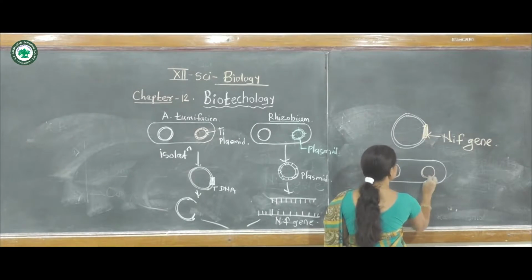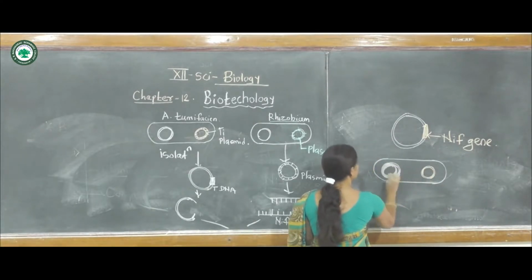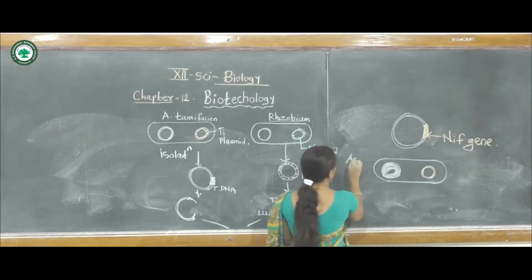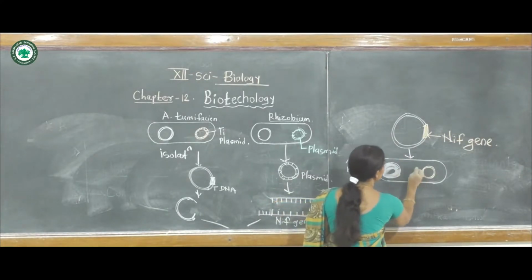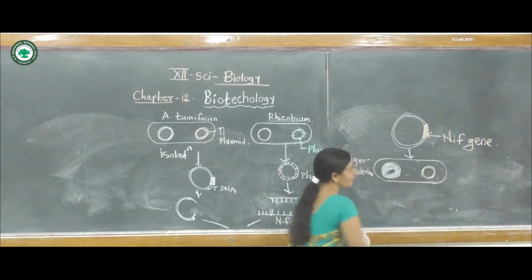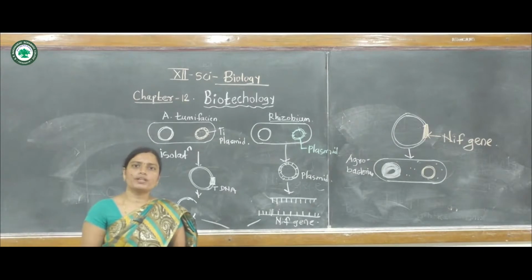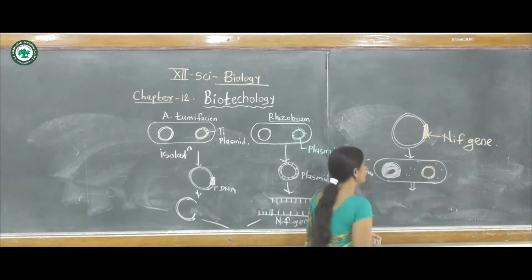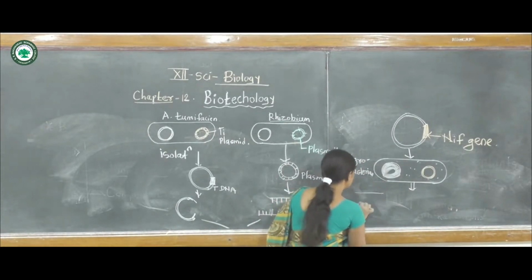Introduce this gene into the Agrobacterium. The nif gene is introduced inside the bacterial cells, and now they can form a clone, or they can duplicate, and a number of multiple bacterial cells are produced.